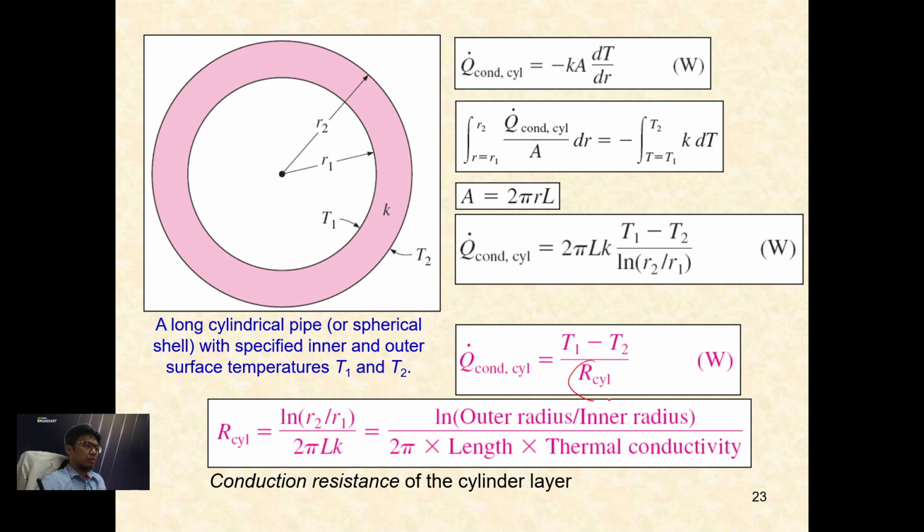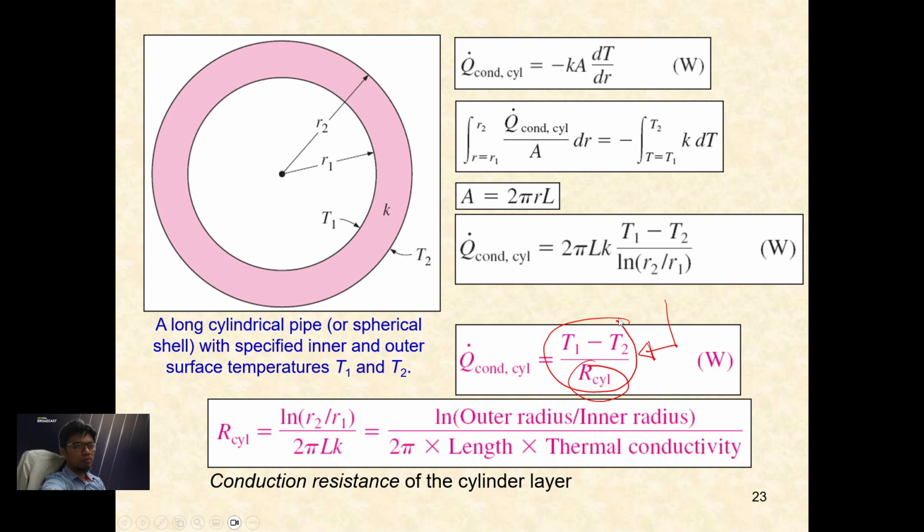We are still using the thermal resistance formula, where we try hard to make all the heat transfer formulas into this form, where Q equals T1 minus T2 divided by R. Whether it is convection, conduction or radiation, we try to make all the heat transfer equations into this kind of form.